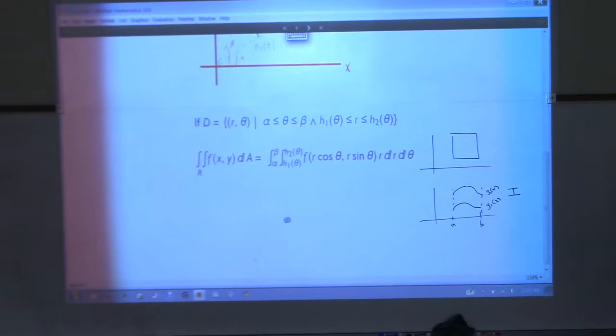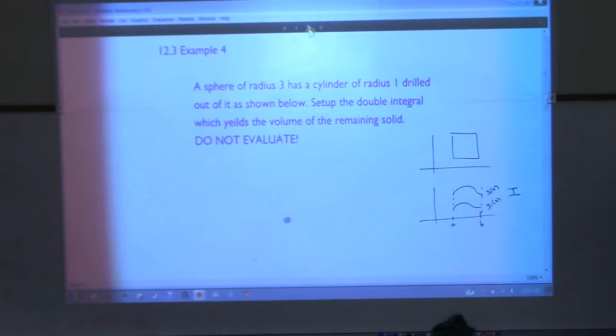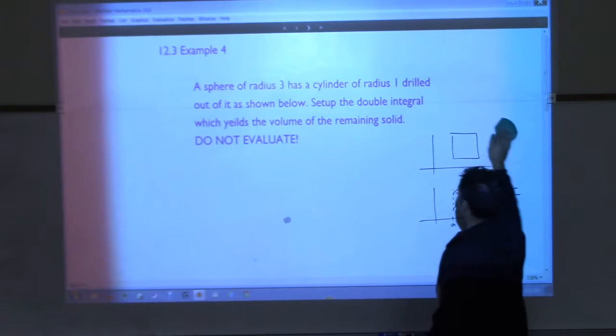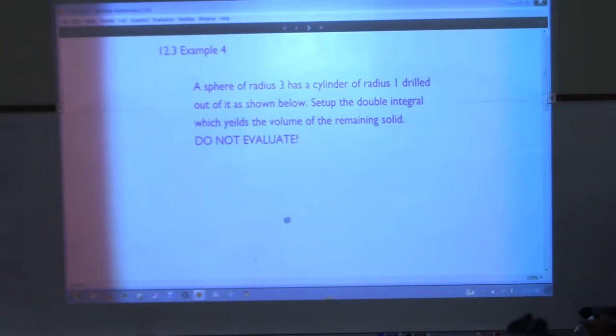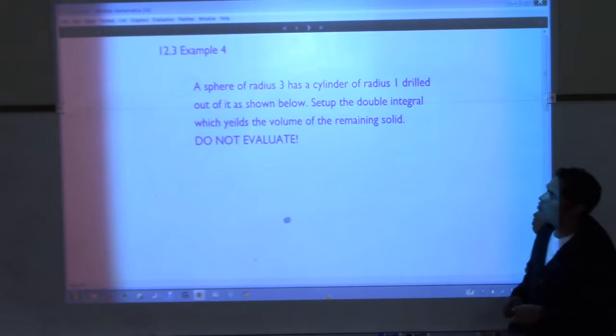Now I'm going to illustrate this with a rather cool example, I think. I think a lot of things are cool that other people don't think are cool. So a sphere of radius 3 has a cylinder of radius 1 drilled out of it as shown below.